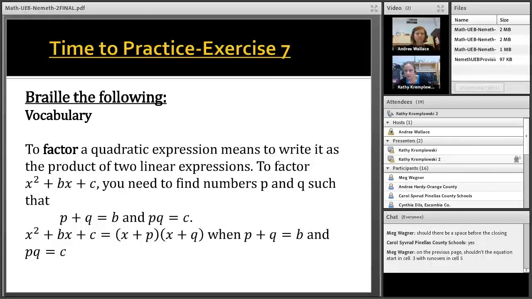This page, shouldn't the equation start in cell 3 with runovers? Meg, probably. This is where I am not an expert in formats whatsoever. I was trying to do my best with that, and I'm a self-taught Nemeth person. I never had Nemeth Code. I opened the book and learned by the examples, and so I missed a lot of the formatting stuff. And so I was a little hesitant because I knew that there probably would be some formatting issues that I would miss, and you all know much better than I do.